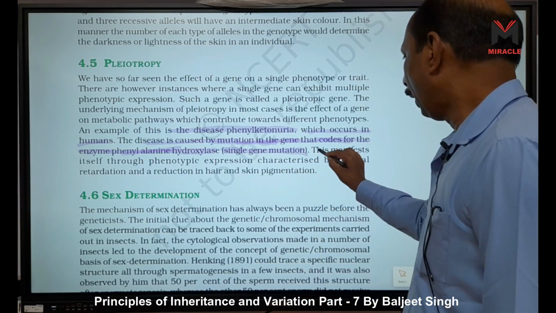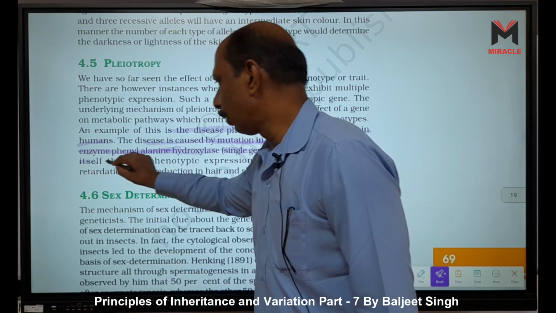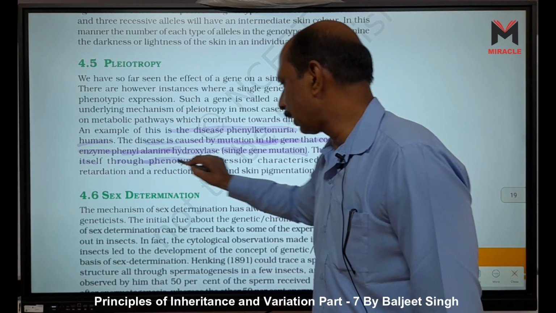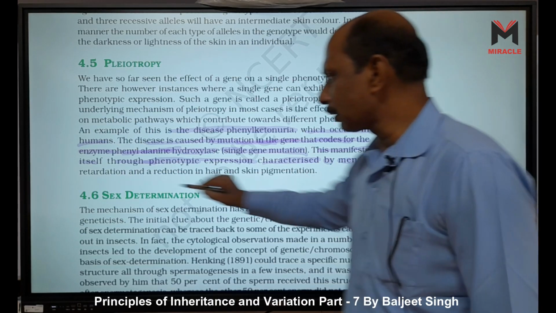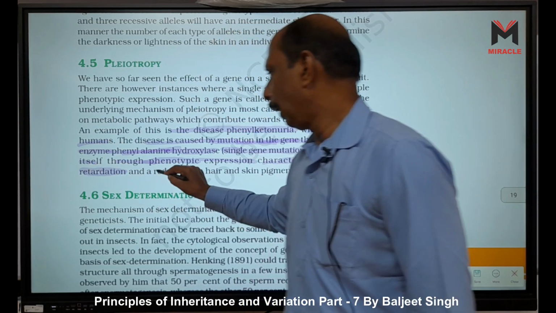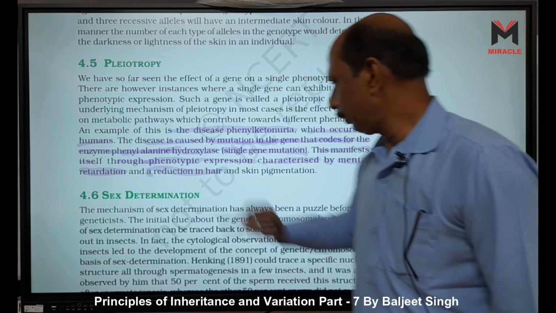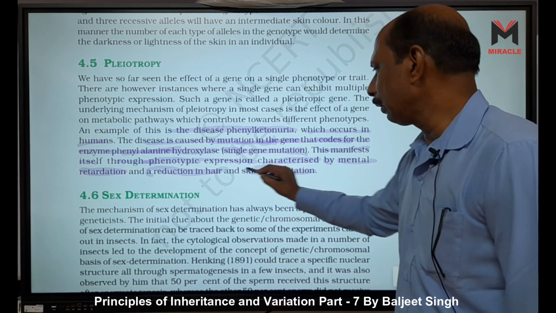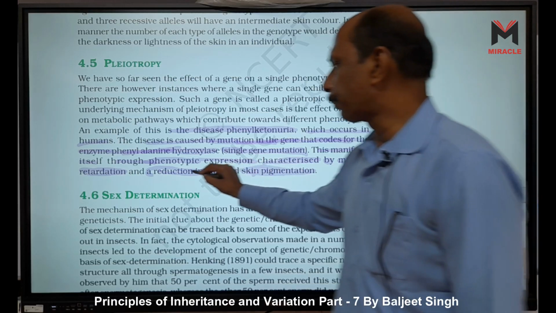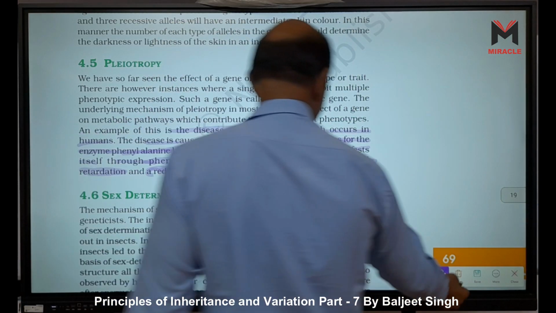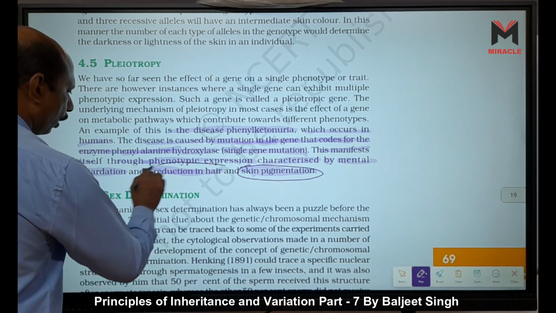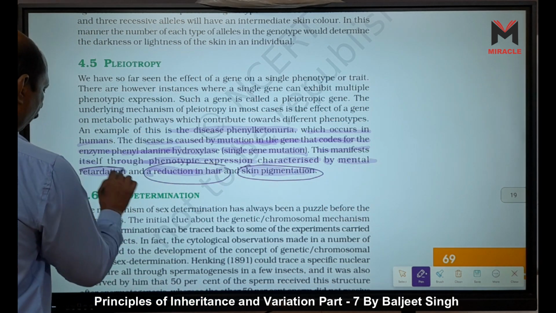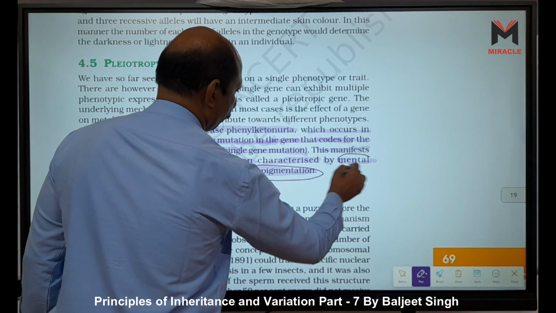It is a single gene mutation, right? And this manifests itself through phenotypic expressions characterized by mental retardedness first, reduction in hair second, and skin pigmentation third. So we get 3 phenotypes: skin pigmentation, reduction of hair, and mental retardation.